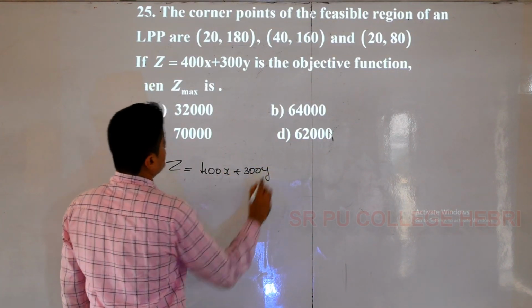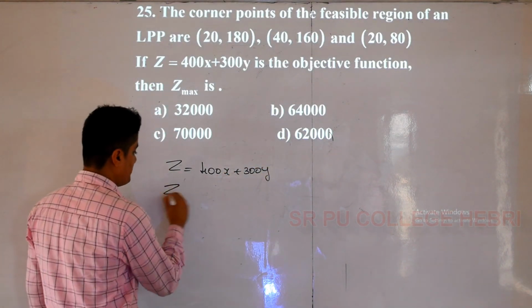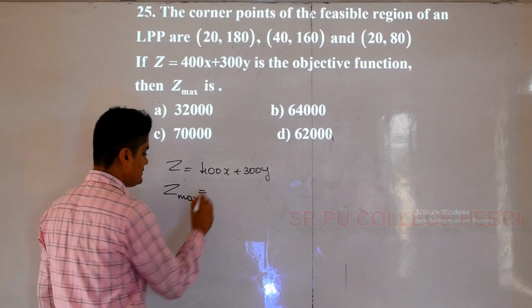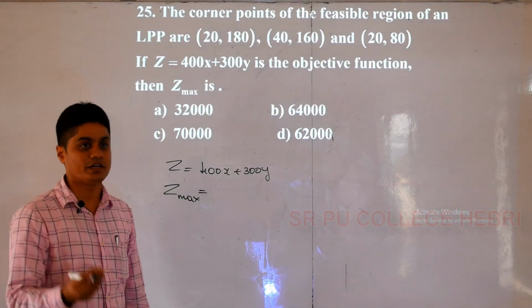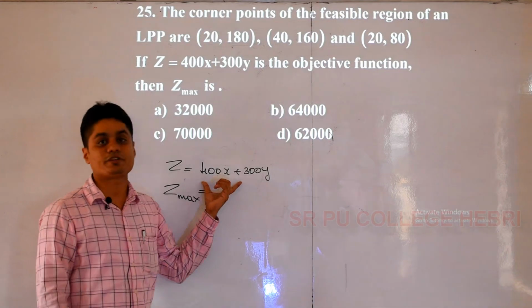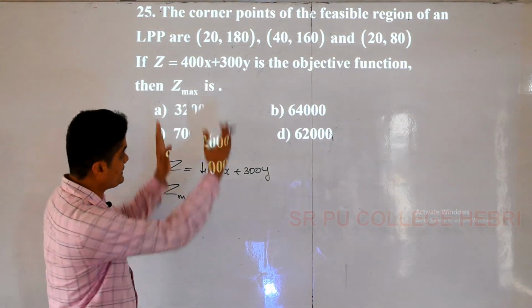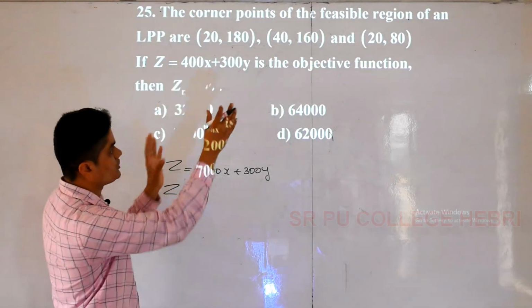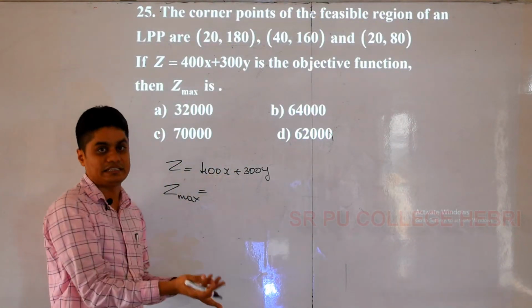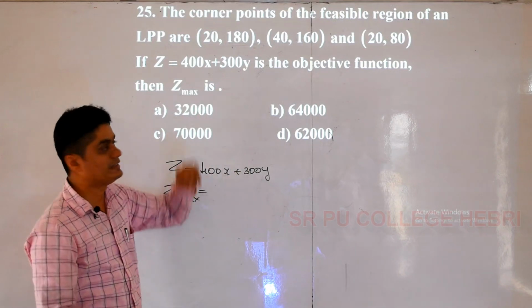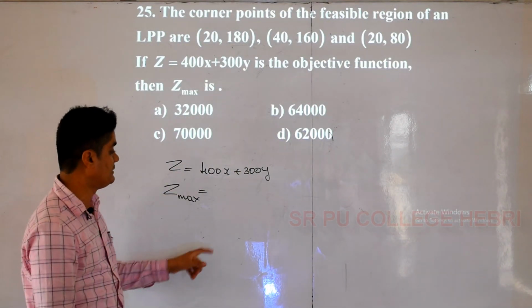Then we have to find Z maximum. You have to identify the corner point where this expression is maximum. See, in a board exam, for a 6 mark question you have to write a corner point table, substitute all the points and check which is the maximum. But with common sense you can decide directly which corner point will definitely give the maximum.